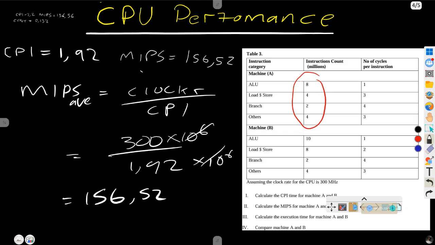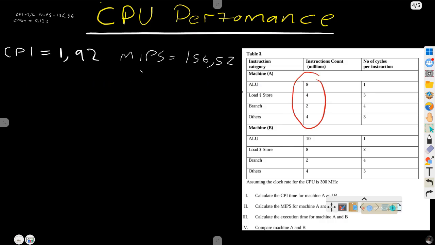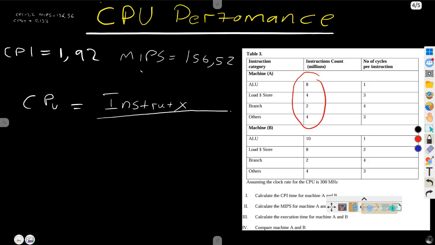Now let's calculate the time. The CPU time is equal to instruction times CPI over clock rate.